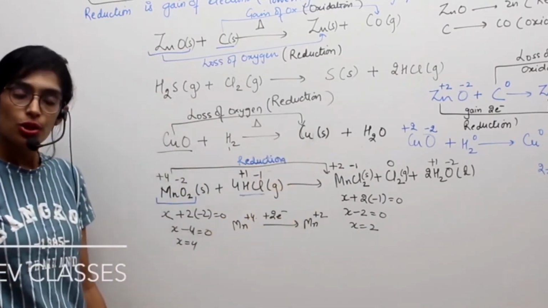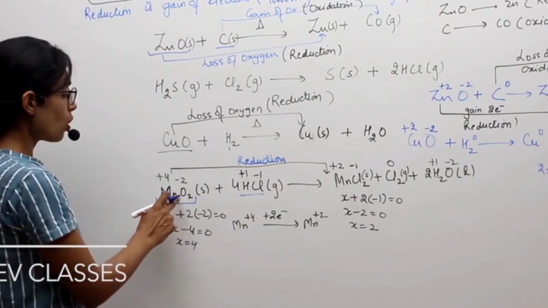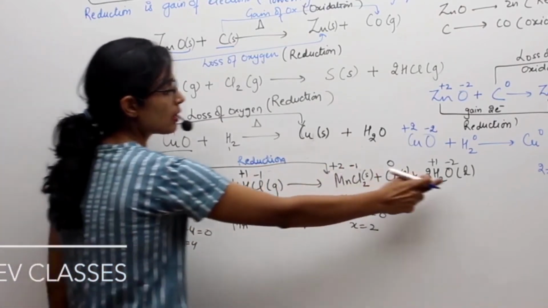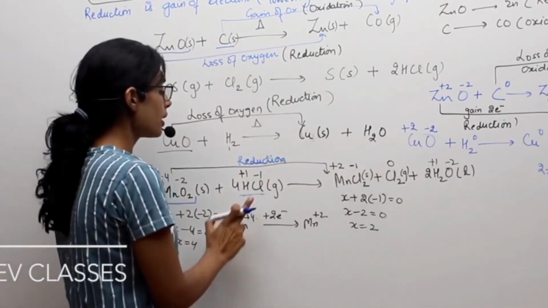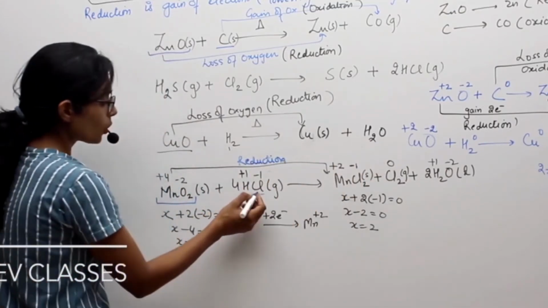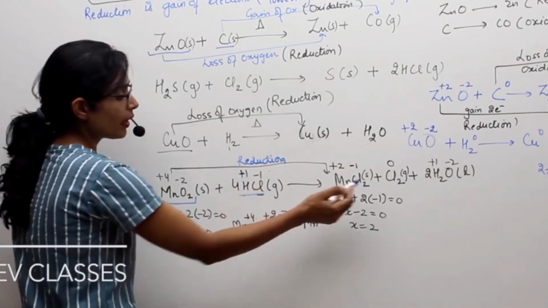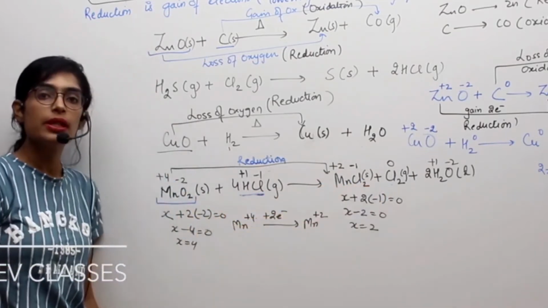Now, look at oxygen. Oxygen is -2 over here and oxygen is still -2 over here. So no change in the oxygen also. Look at the hydrogen. Hydrogen is the same. Now look at the chlorine part. So chlorine here is -1, whereas when it formed Cl2, it became 0.